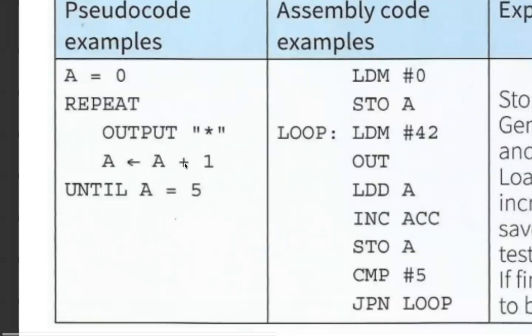Similarly, the next line says that I am to add 1 to a and then store the result back to a. If you remember, this is basically incrementing the counter. And often in your exams, in fact probably all the questions where you are required to implement this in low-level programming, you will require these 3 lines: load a, increment ACC, and store it back into a.